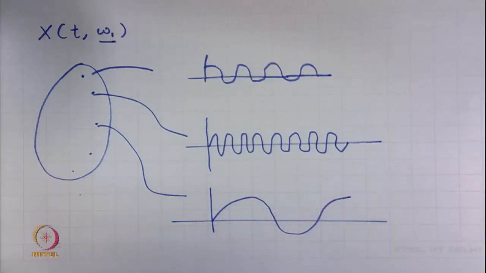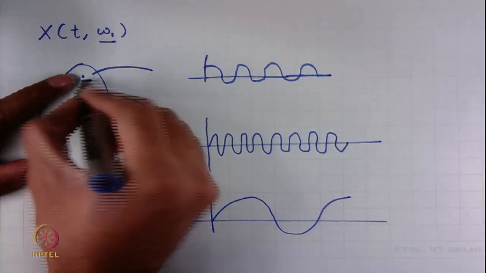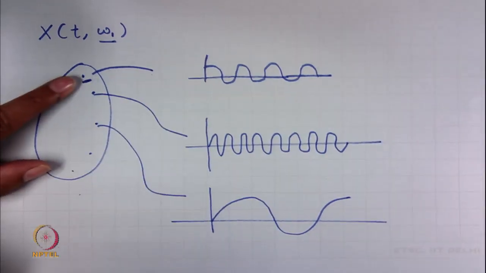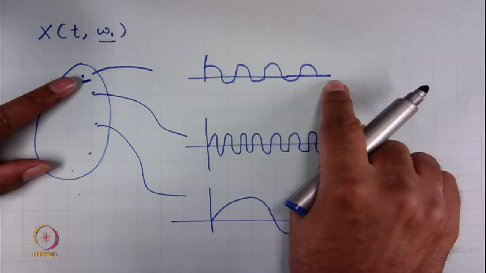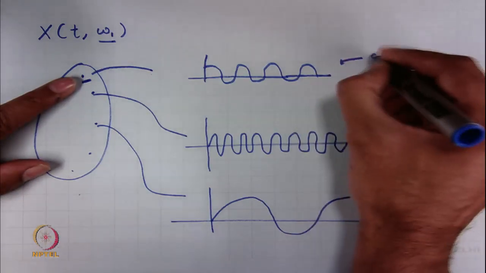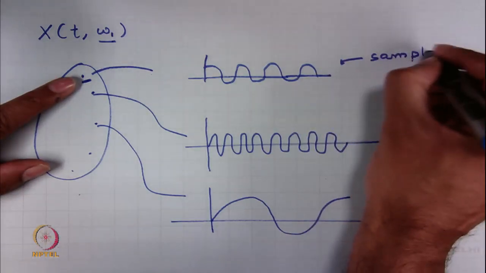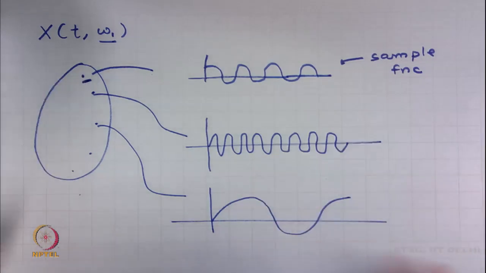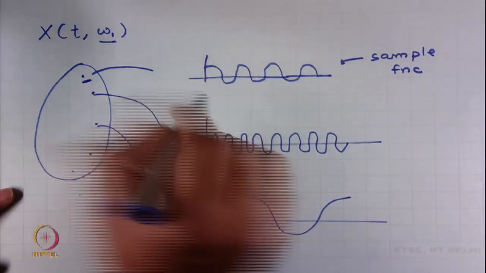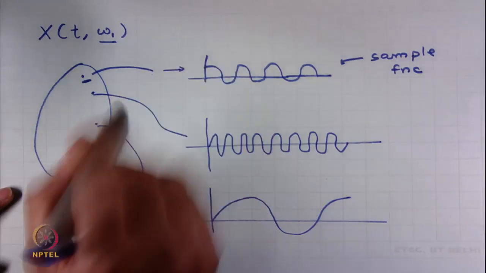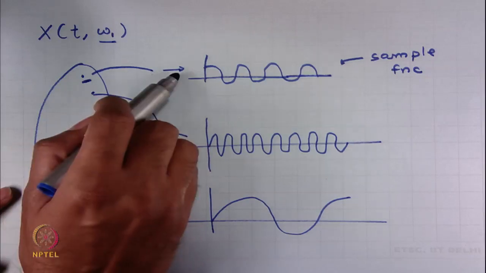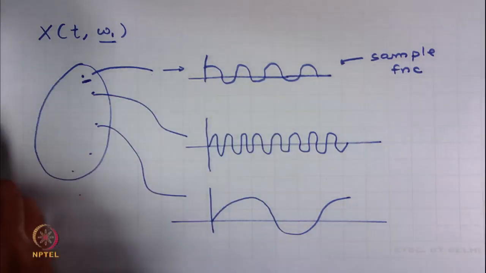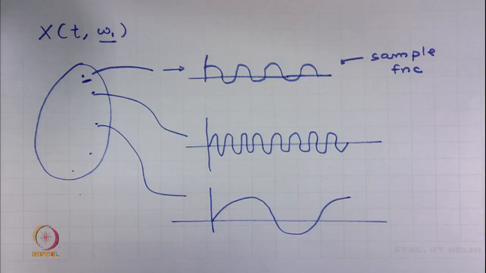So, what I am saying is, if I have frozen one outcome, that means I have said that this outcome has happened, what I get is just one function, right, and we call this a sample function. If you look at the random process from this direction, that means if you are looking at a specific outcome of an experiment, the outcome that you get is known as a sample function.